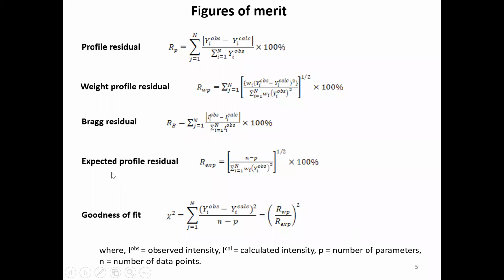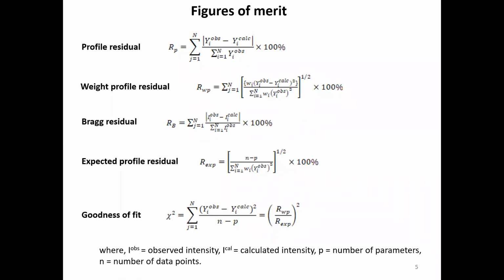Other than goodness of fit, one can follow the weight profile residual, which needs to be as close to zero as possible. Then you can find that your simulated pattern and the experimental pattern get converged. So Rietveld refinement is an iterative process, meaning after many iterations you can converge the simulated peak to the experimental peak.